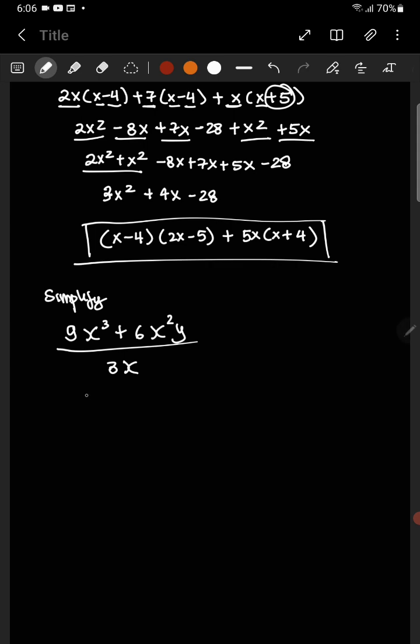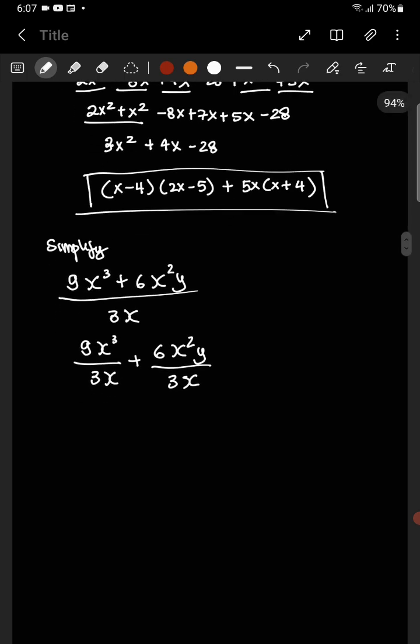So I can write it like this one, 9x to the power of 3 over 3x, and then plus 6x to the power of 2y, and then divided by 3x. Is it correct? So actually the question is telling you about the addition of two fractions, and the denominator of both fractions is the same. And by looking at the question this way, then you might get an idea how to solve the problem.